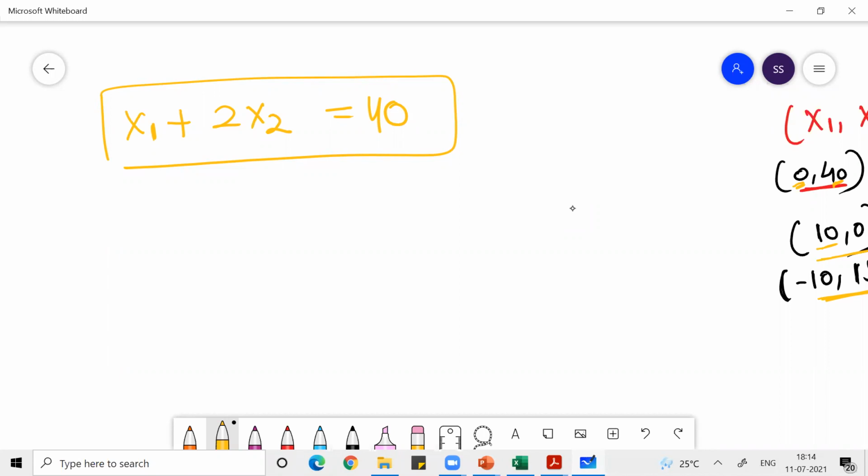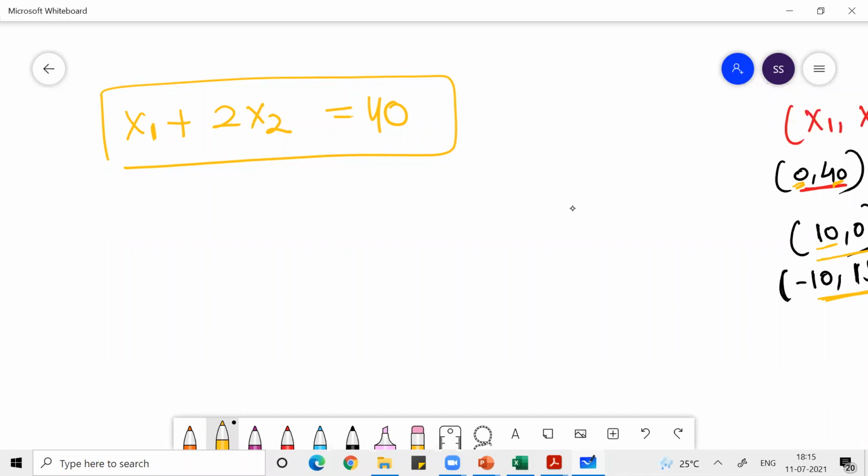If you have one variable, you need one equation, and your work is done. For example, 2x1 is equal to 10, so x1 is equal to 5. Problems start if you have more than one variable but only one equation. Then you will have infinite solutions. You can put any values and get a simultaneous value.